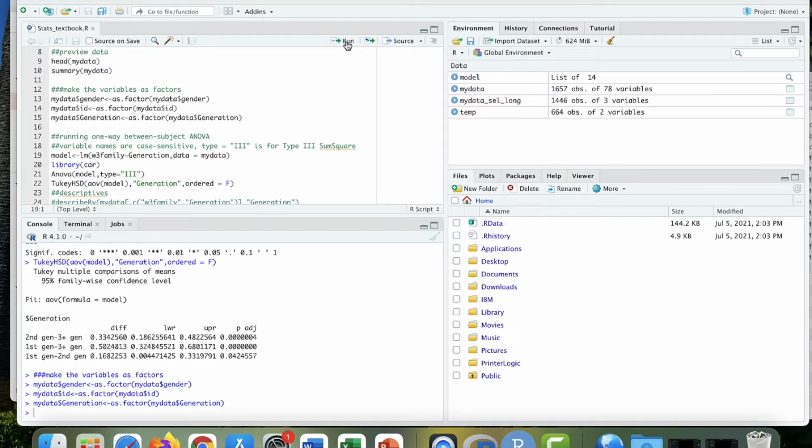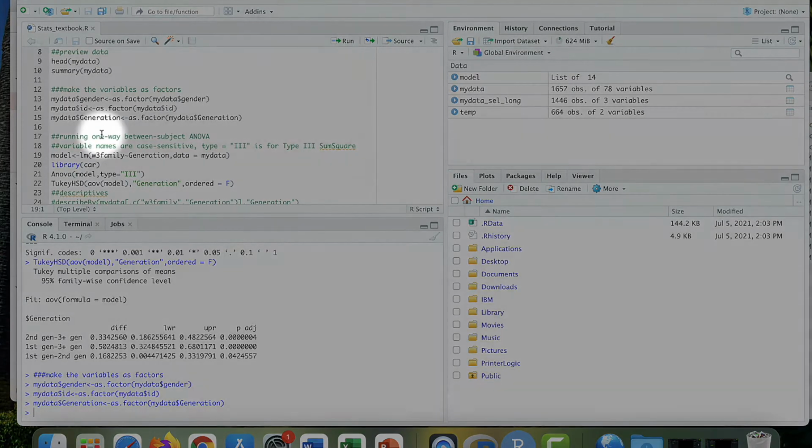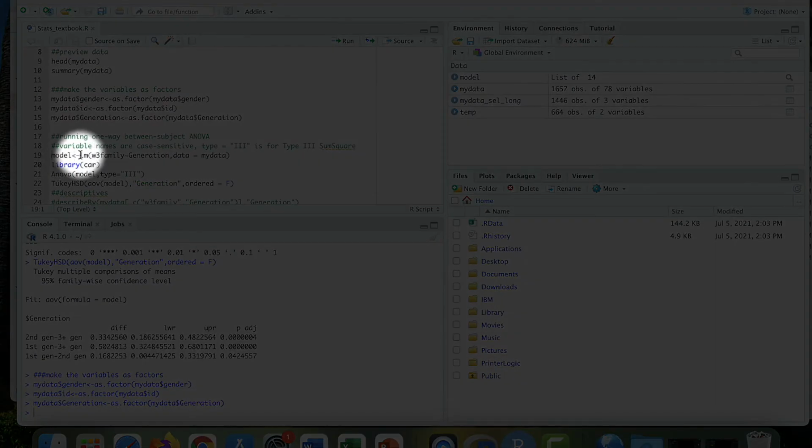So first I'm going to tell R what my model is, and that is that I'm going to look at family orientation. This is a desire to do well in school, to please the family, and to put oneself in a better position to take care of the family. So it's really thinking about obligations to the family.